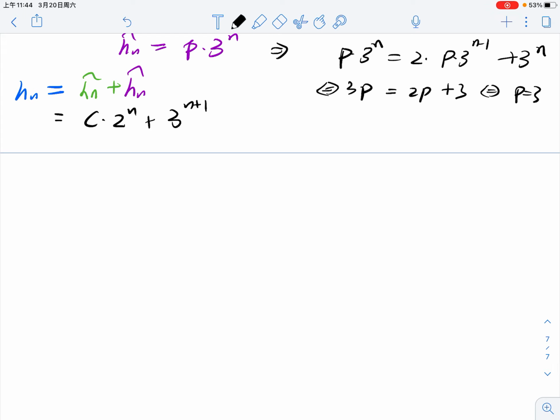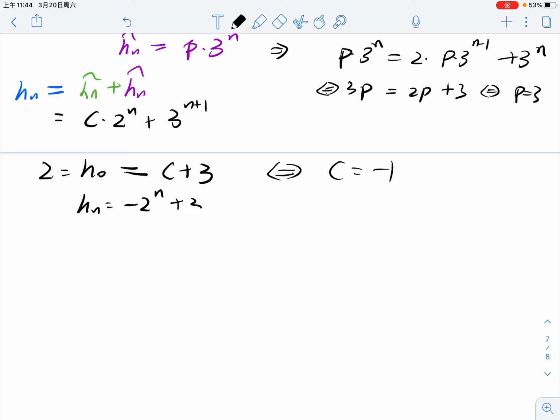And note it, now we accommodate the initial data. So the initial data is 2 equals h0. And this, on the other hand, by the formula is c plus 3. Therefore, c is -1. Hn is -2 to nth power plus 3 to the n plus 1 power.